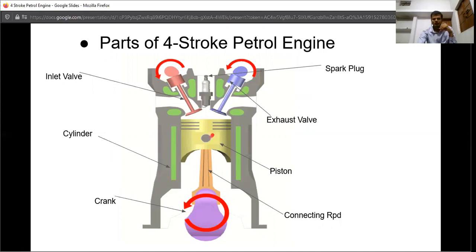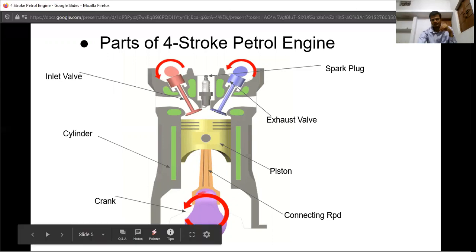This golden part is called the piston. The piston transmits the thrust to the connecting rod. This connecting rod is connected to the piston. The connecting rod transmits the piston load to the crank, and this purple part is called the crank.